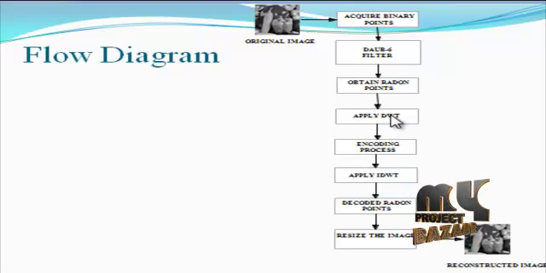Then the inverse DWT transformation is applied to reconstruct the original input image and decode the random point section. The random point section writes the data again as text for the MATLAB process. The MATLAB process resizes the image, reconstructs and displays the original noise removal image, and applies the MSE and PSNR values.